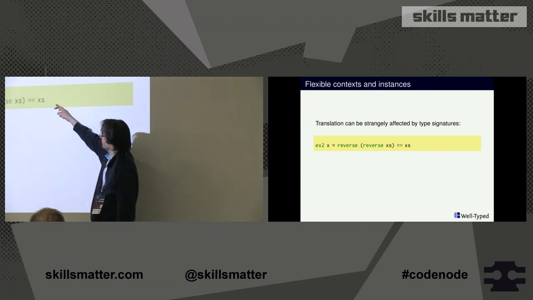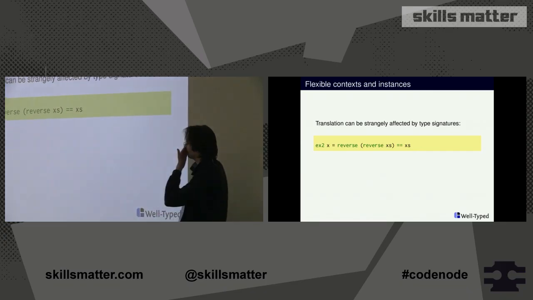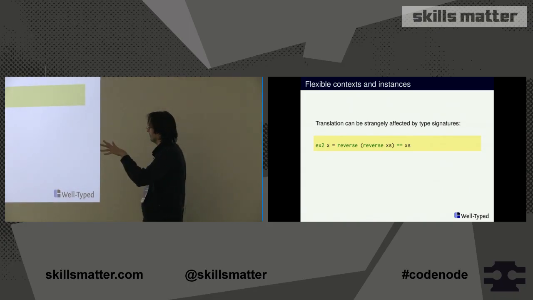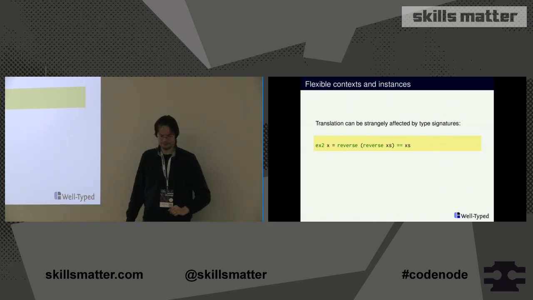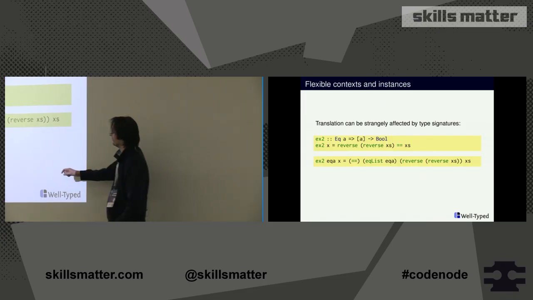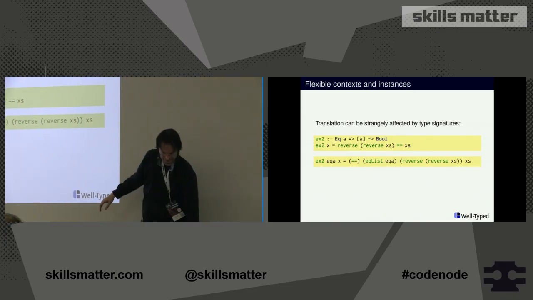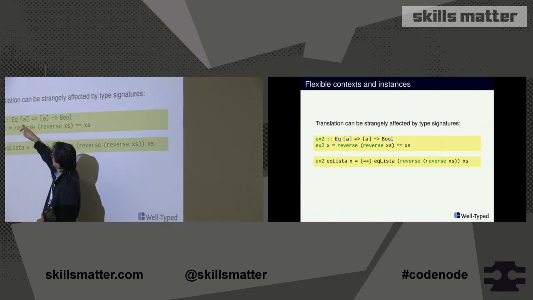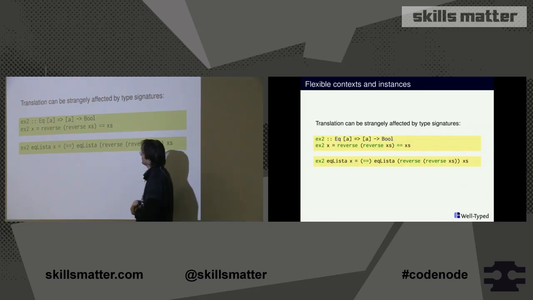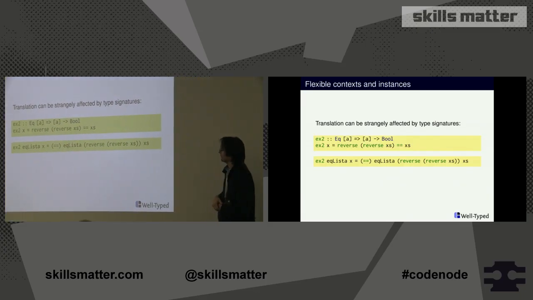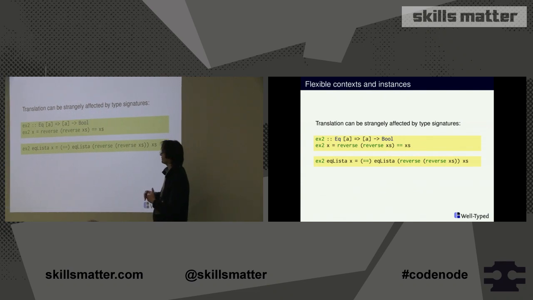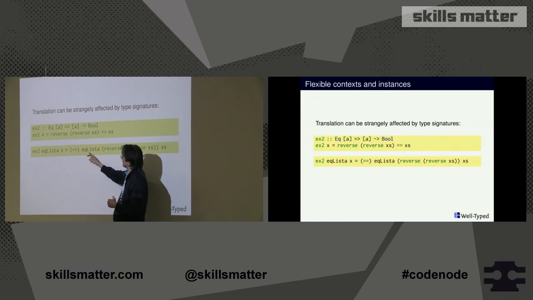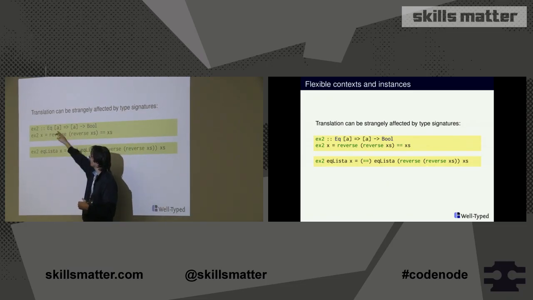If you look at example 2 again, which was this reverse thing, which we said has type Eq a => a -> Bool, [a] -> Bool, you can now actually give it an explicit type signature using a flexible context that says, I want this to be constrained over Eq [a], and that will change the translation. And now it will not construct a dictionary on the fly, but actually take the entire dictionary for [a] as an argument.